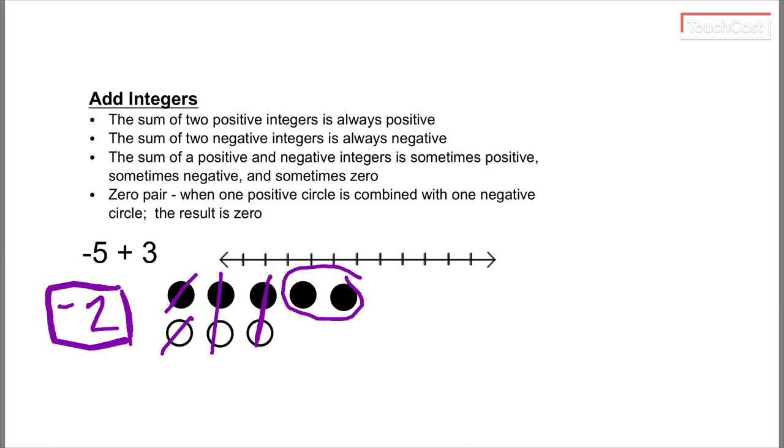To show this on a number line, let's erase these marks so that we have plenty of room. We're going to start off at 0.